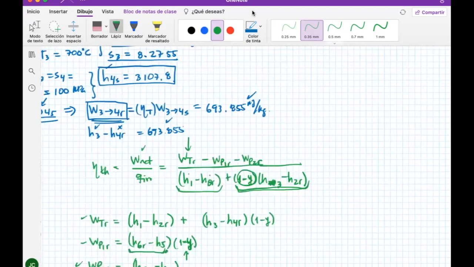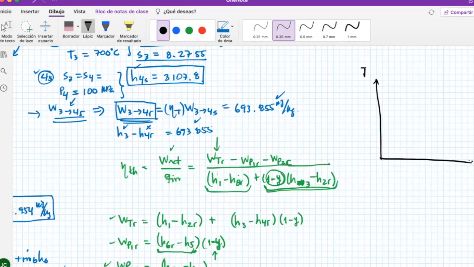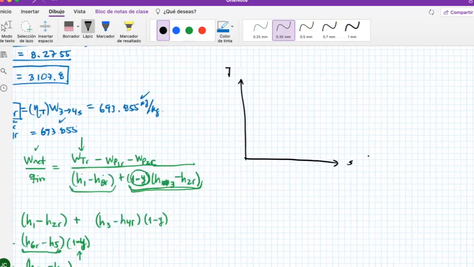One more thing to say, let's see how this looks in a TS diagram. So this one is T, this one is S. Let me move myself here, and I'm going to put this curve here. For this one, I have three pressures. I have the maximum pressure, which is 4.5 megapascals.